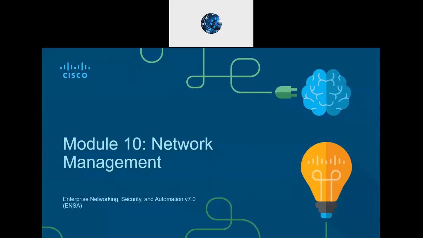So the moment the equipment is bought, or you get to a place where you are going to be the one working on the equipment, one of the first things you need to do is to have a backup of the operating system. So tomorrow when they call you that something has gone wrong with the router or the switch, you can bring the operating system back. That is one of the things that we're going to talk about under network management.